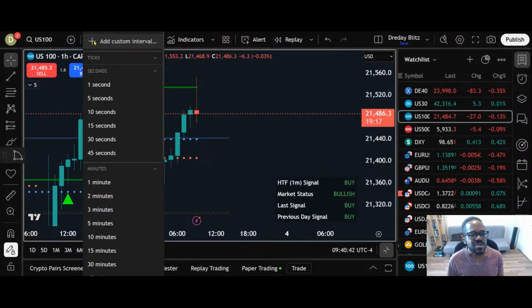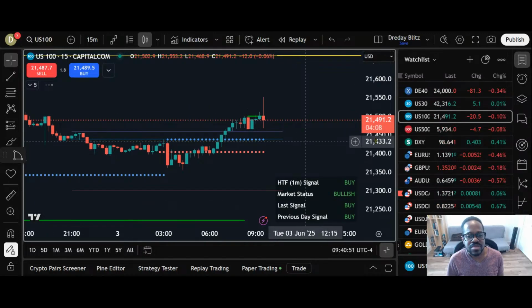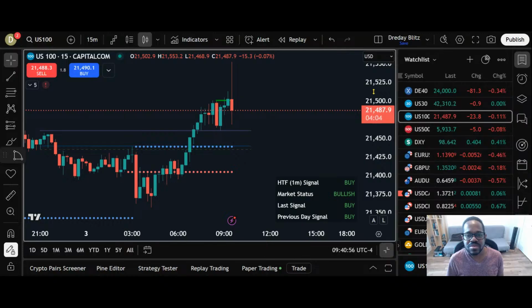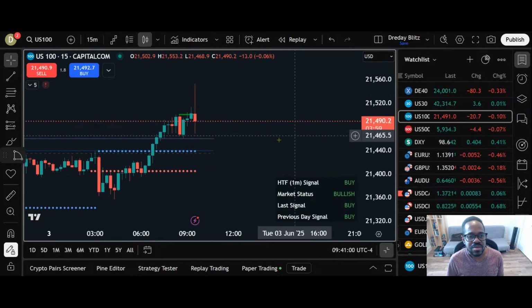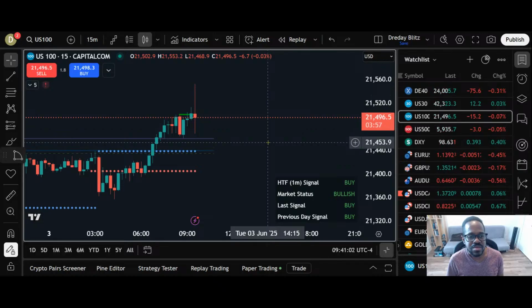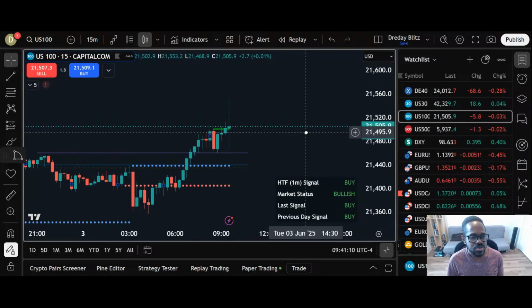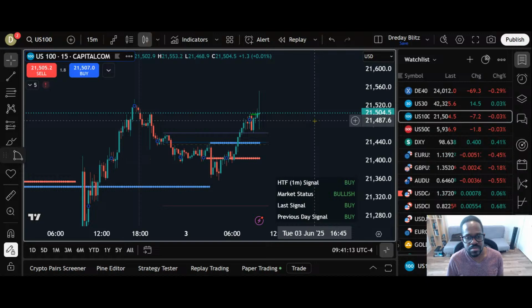We are on the 1 hour too. Let me check. I thought that was on the 15. I'm on the 1 hour. There we go. So it has to retrace. If it wants to continue going up, it has to retrace in the downside before going up.